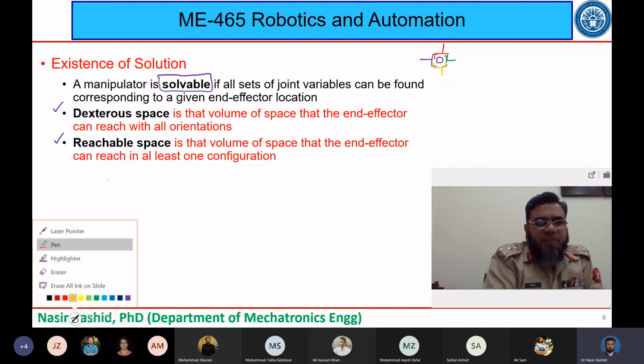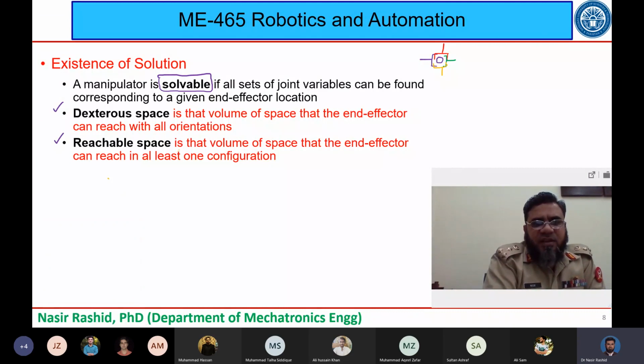Reachable space क्या है? Reachable space is defined as that volume of space that the end effector can reach in at least one configuration. So let's see if I have something here which is to be picked up.